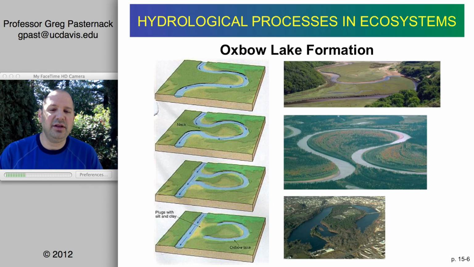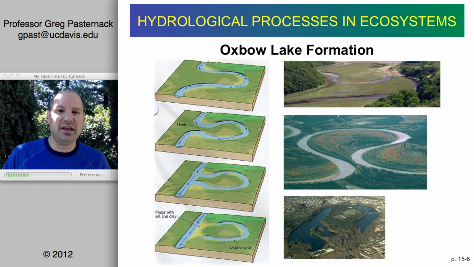Another thing that can happen is that a meandering river can cut off a section, like one of the meander bends, and form something called an oxbow lake. So here we have a meandering river on the top, and eventually, as it meanders, two bends might come quite close together and form what's called a neck. Well, then if you have a big enough flood, floodwaters carry momentum.